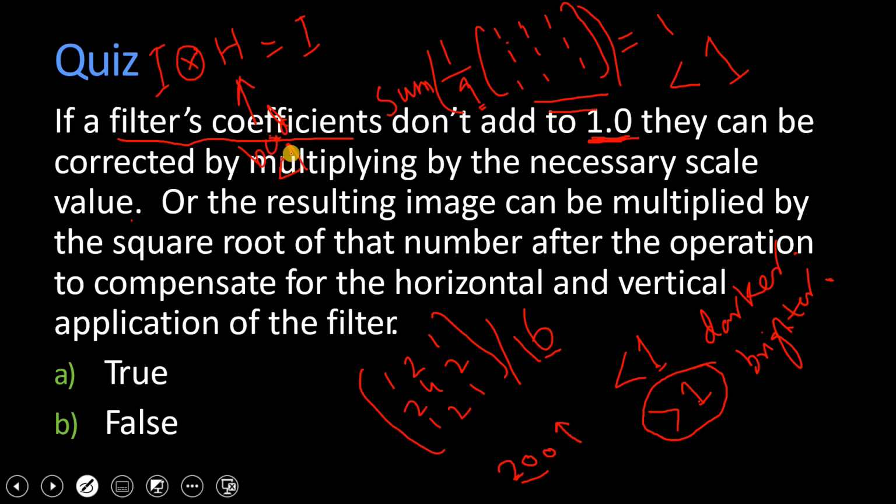Overall, the sum of coefficients is less than 1. So in that case, the output that I get, I prime, will maybe be a darker image, darker than I. So is it possible that I multiply some value over here to make it correct?